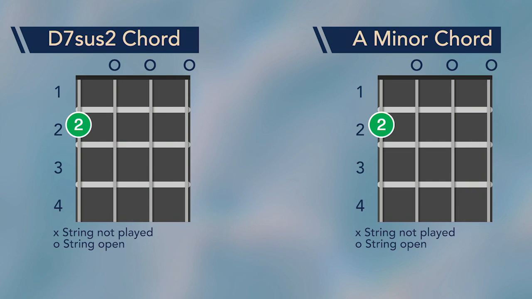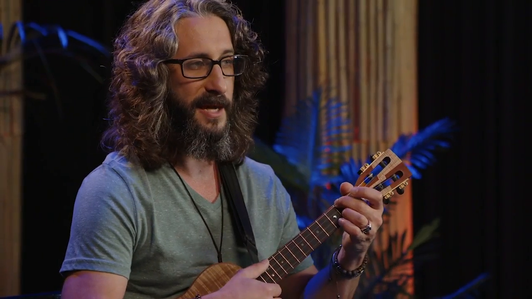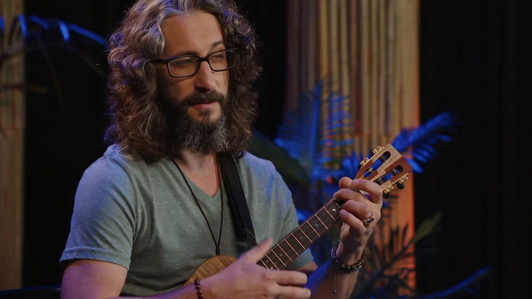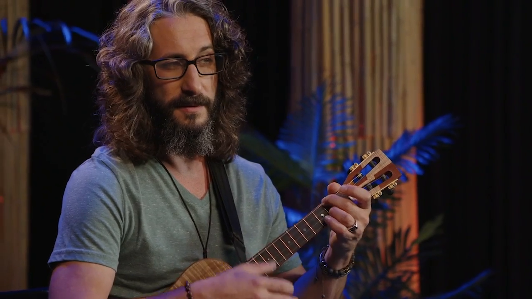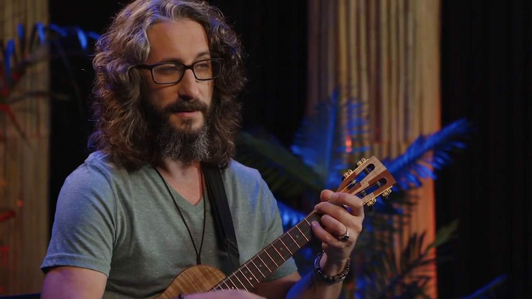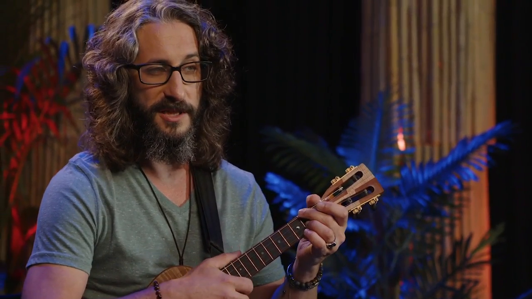D7 sus2 looks and sounds a lot like A minor because it's the same. Sometimes the same fretting has different names depending on the song you're playing or the function of the chord. In other words, if I play a D7 and then remove my 3rd finger, it functions as a D7 sus2.